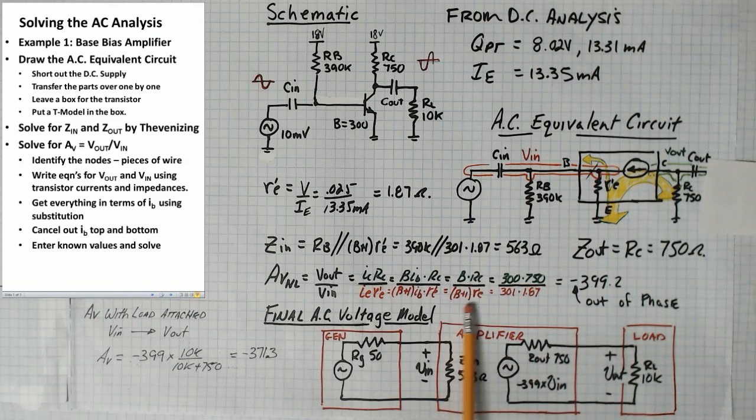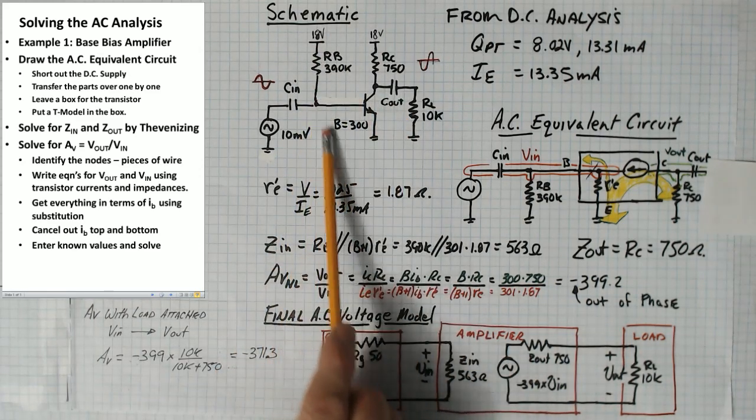All of these values are known, so we can enter those values into the equation, and then we can solve for the final value of AV, which in this circuit is minus 399.2, or about minus 400. It is a negative gain. I didn't have any of that written down there, but this circuit has a negative gain.